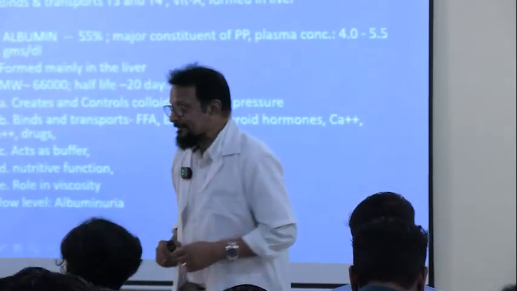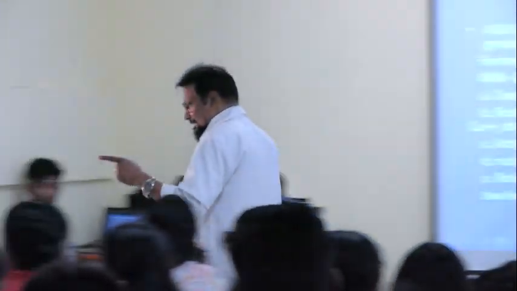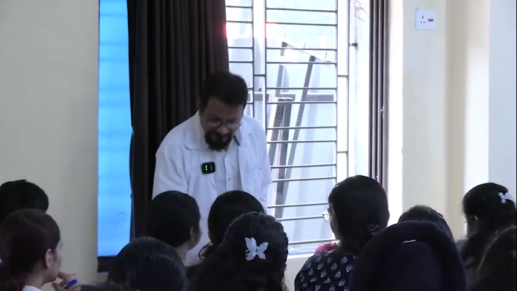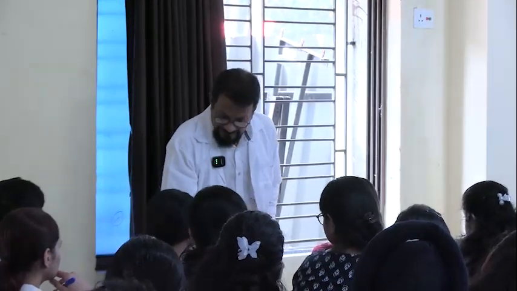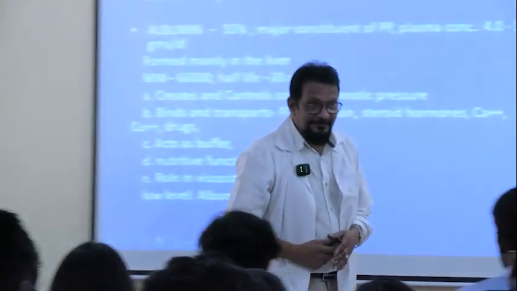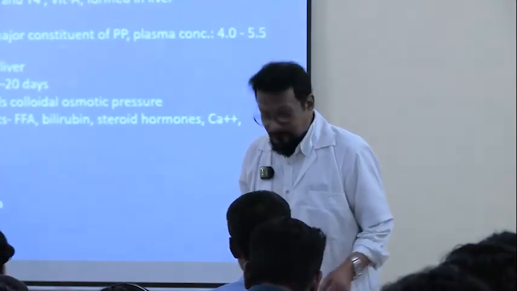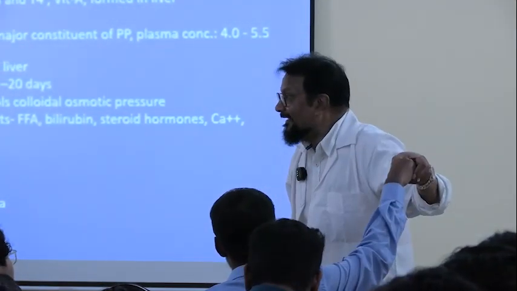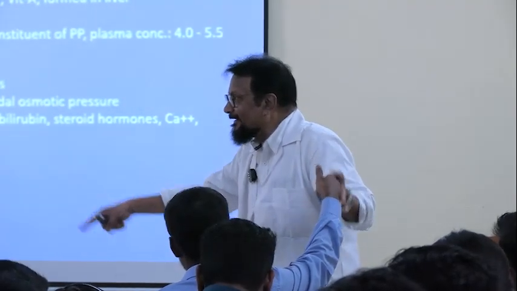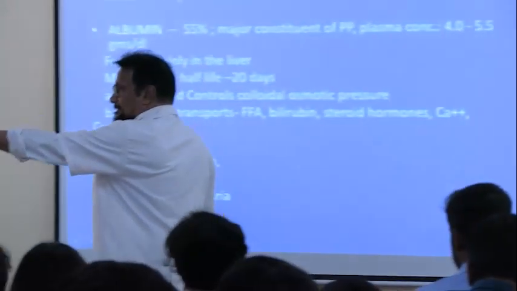So we can see this hand is not utilized. This is free. And what is this group? Amino group. And that part also has one end free. What is that? Carboxylic group. So this group can release hydrogen ion, and that group can accept the hydrogen ion.